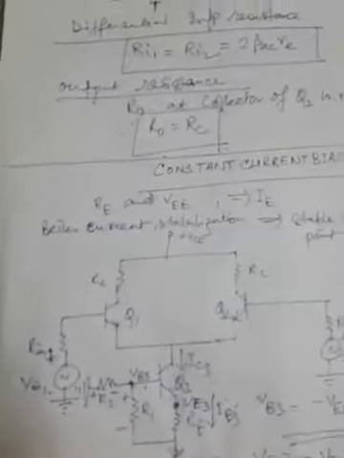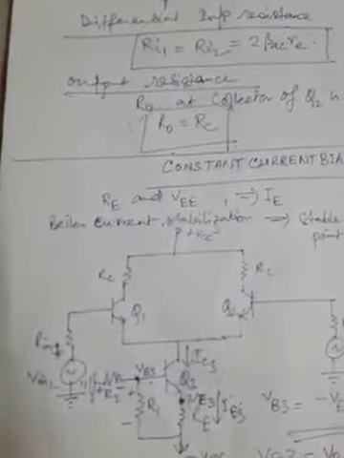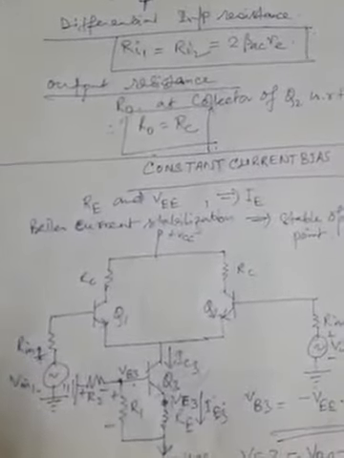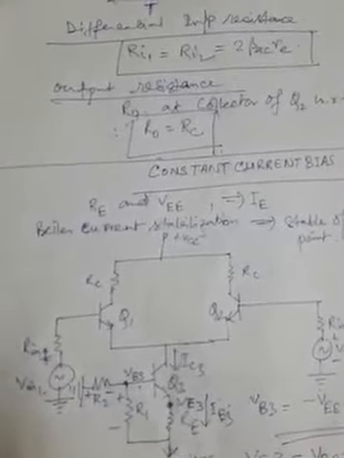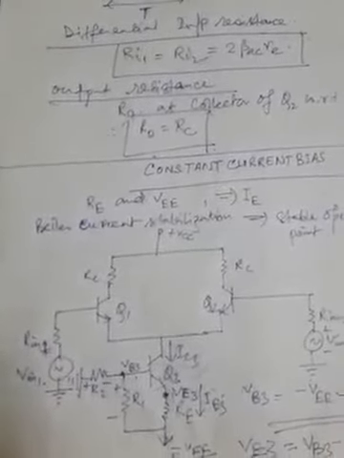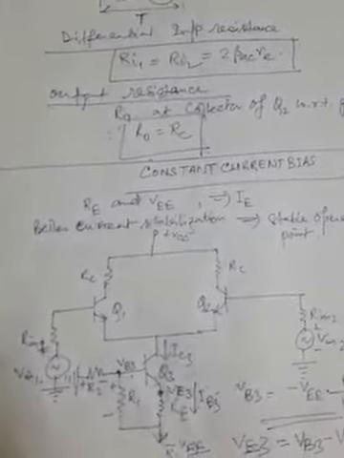As a result of that, the output current for this transistor IC3 will remain constant and it will be invariant. So therefore the transistor Q3 can be considered as a source of constant emitter current for transistors Q1 and Q2 of the differential amplifier.